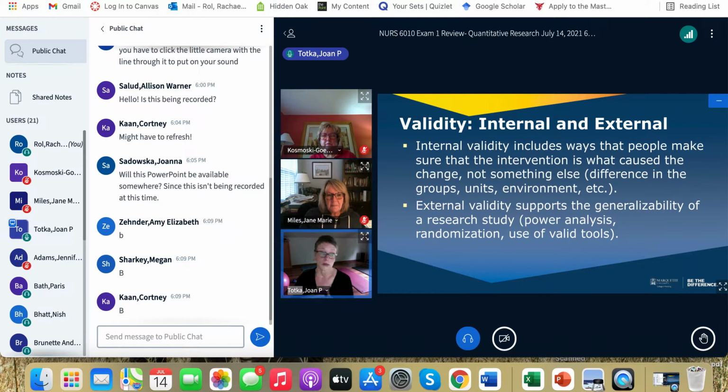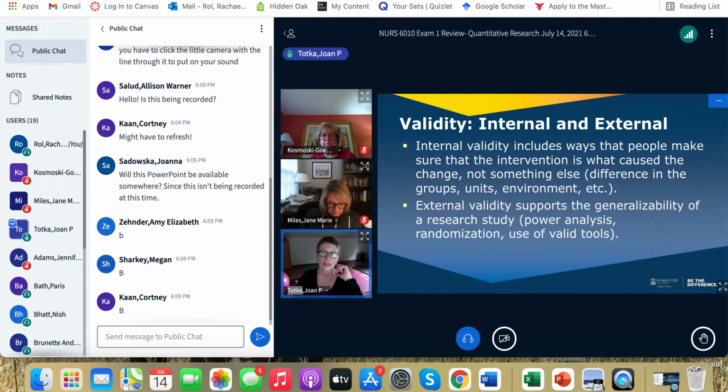And so it may be that one unit that it was tested on was so different than another unit that it worked in one unit and not in the other unit, or the groups were different, or the environment was different. It could be all sorts of internal things at the place of the study that could be a risk to internal validity.